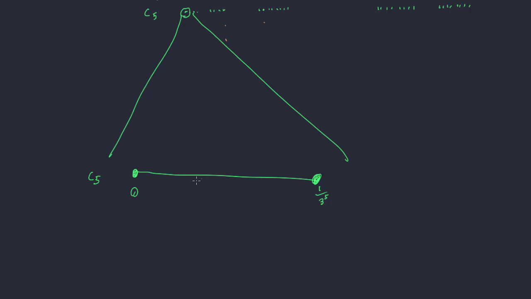We can just remove the middle third, and that would make a piece of C6. So the green was C5. Then we can do it again.